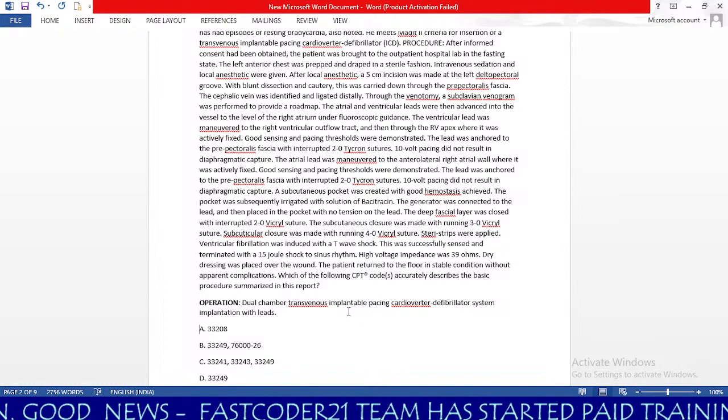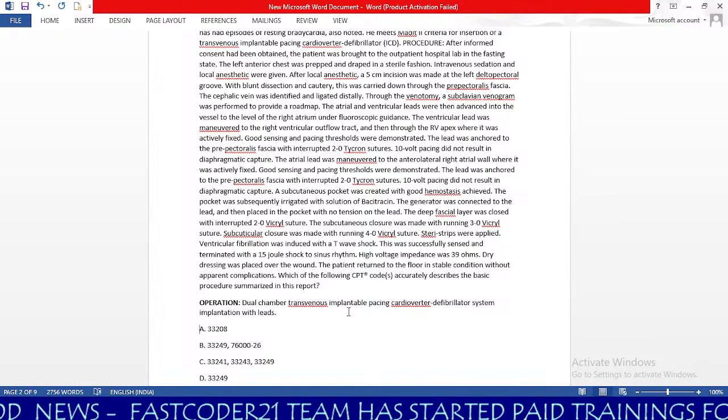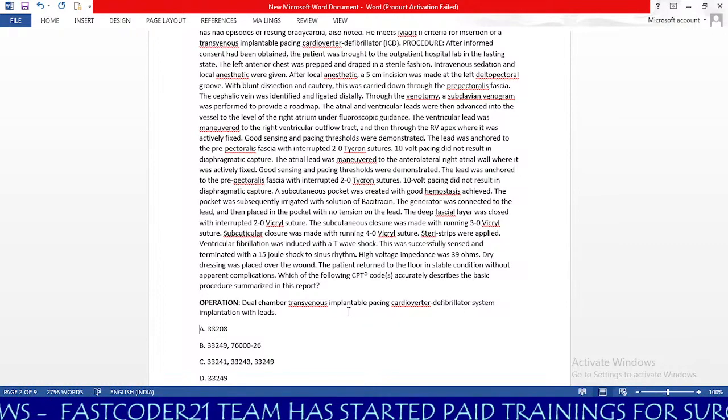You need to be familiar with your CPT book so that you can code easily.